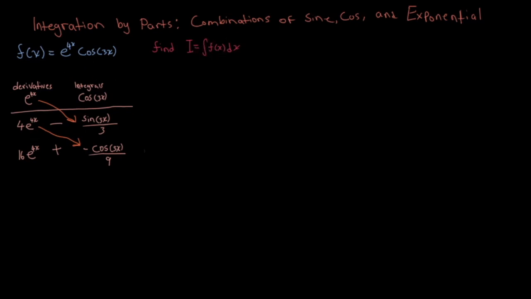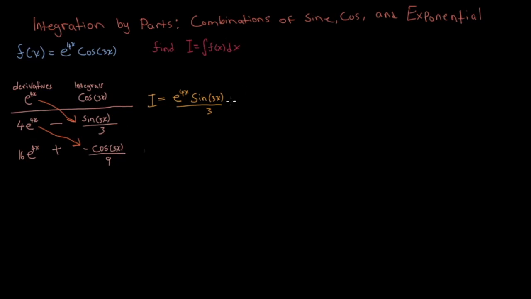So to start integrating this, we have I is equal to e to the 4x times sine 3x over 3, minus 4 times e to the 4x times negative cos 3x.